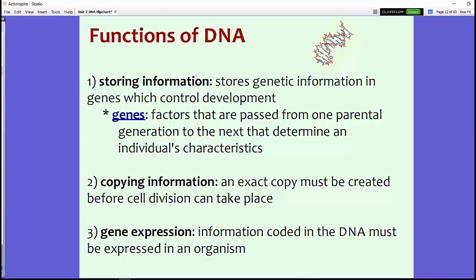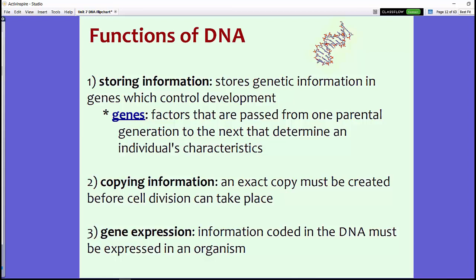These genes are factors that are passed from one parental generation to the next, and they determine an organism's characteristics. For most of us, like humans, we get a copy from mom and a copy from dad. Typically, this is how sexual reproduction works. You get one copy from one parent and another copy from another parent.